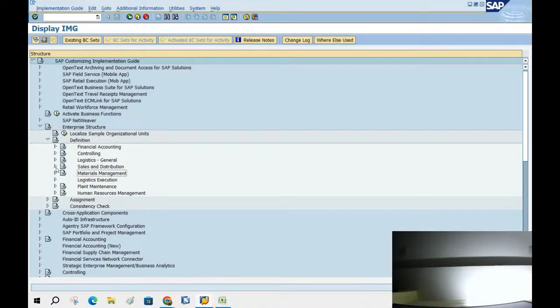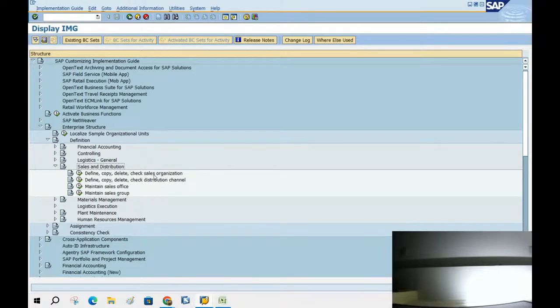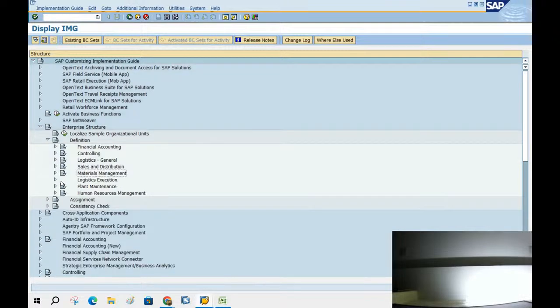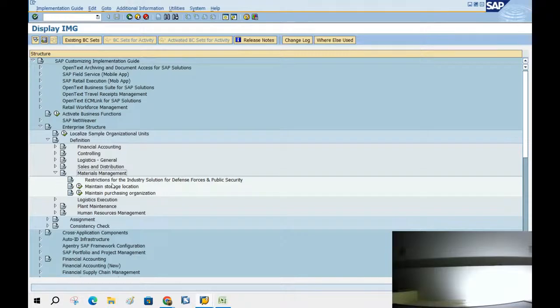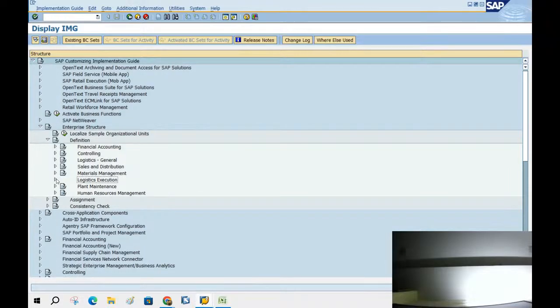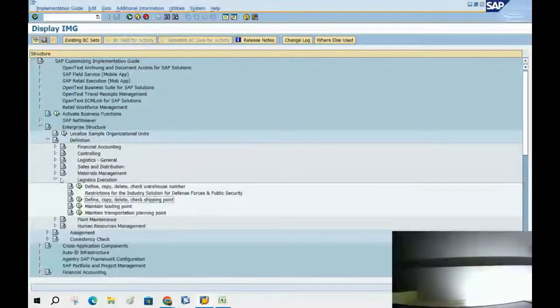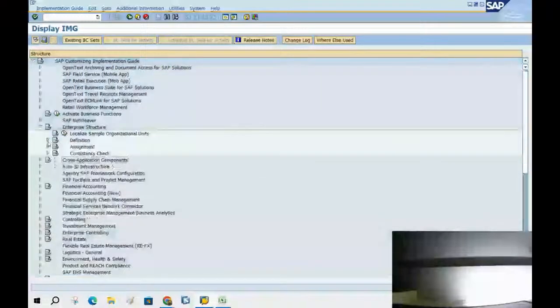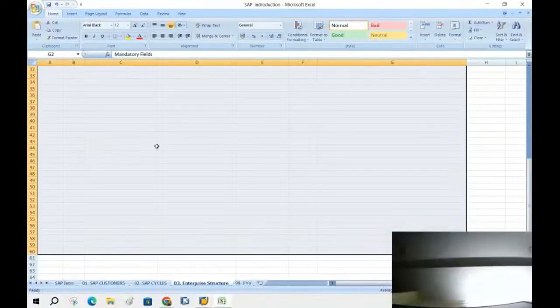And two are going to be in SD, that is sales organization and distribution channel. And then two elements are in MM, that is storage location and purchase organization, and we are going to define them.